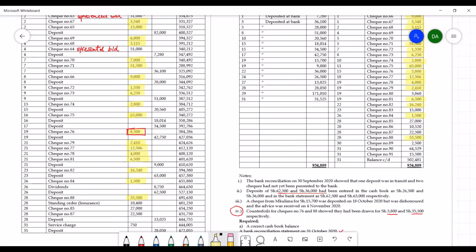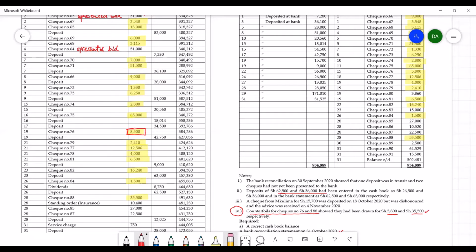However, if you look at the amount for check number 88, this check has different figures in the bank statement as compared to the cash book. And additional information number 4 that we read before is telling us that counterfoils for check number 76 and 88 show that the check was supposed to be for 35,500.